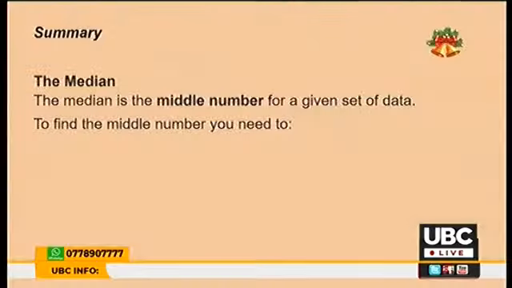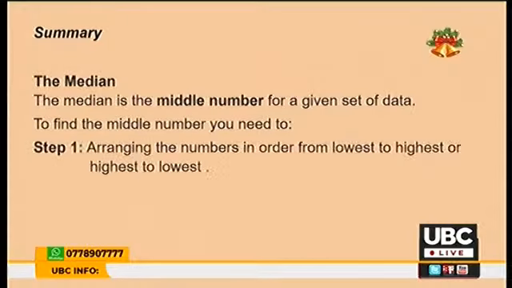So let's continue with our lesson. We've been looking at median, and in summary, what is median? Median is the middle number of a given set of data. And to find this middle number, what do you have to do?